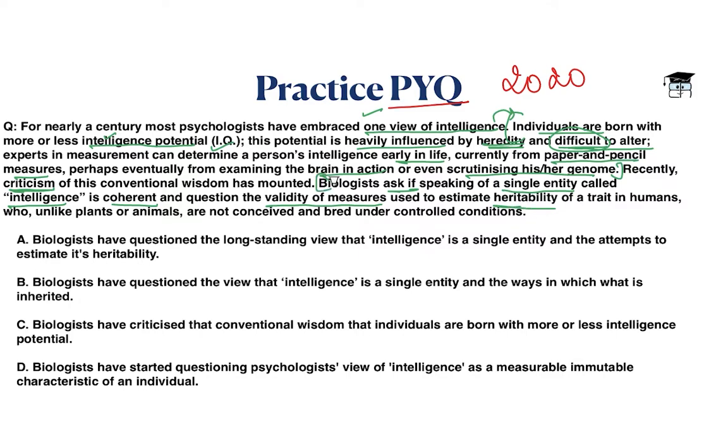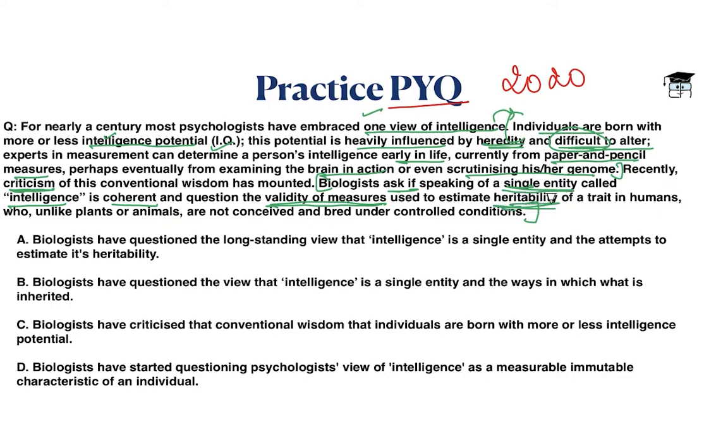Now, from this line to this line, I can see that the author is talking about a criticism that has been recently mounted, in which biologists are questioning whether intelligence is a single entity, and they are questioning the validity of the measures that are taken to estimate heritability.